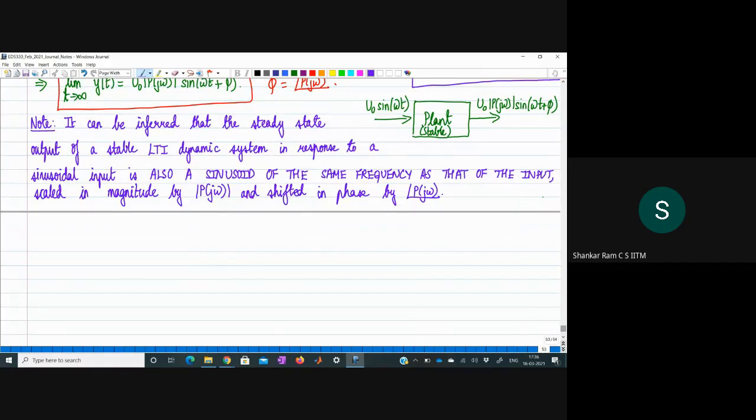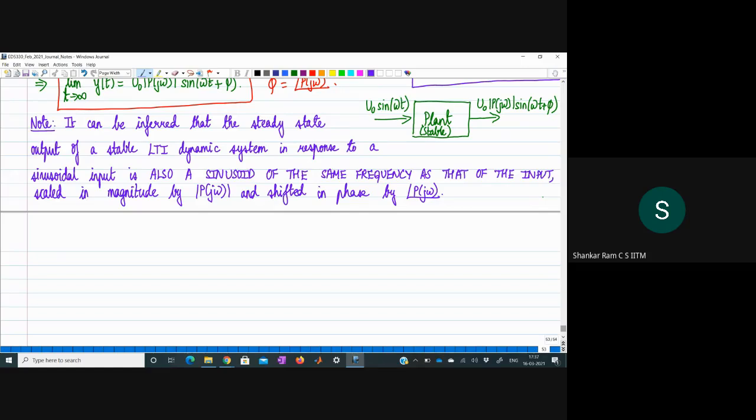One way of checking whether an LTI approximation is reasonable for the system under study is to give the system a bunch of sinusoidal inputs of different frequencies and check the outputs. If the outputs coming from the system are also sinusoids of the same frequency as the input sinusoid, then the system can be reasonably approximated as a linear time invariant system.